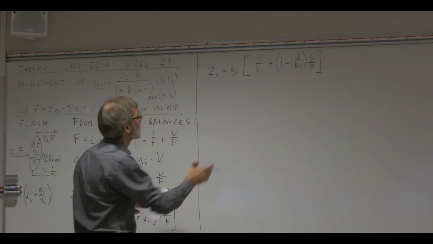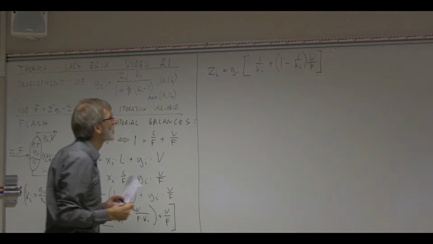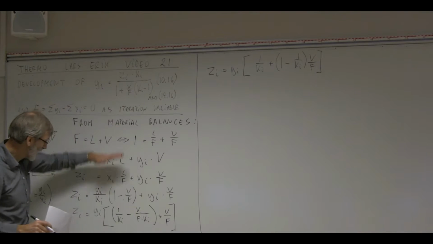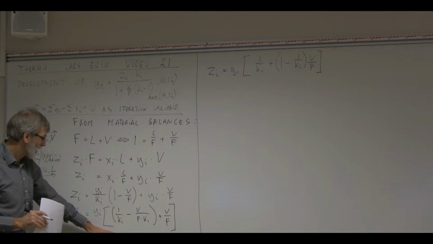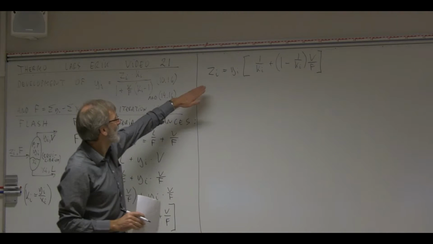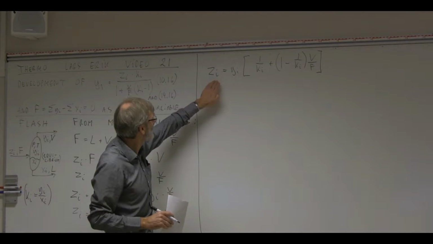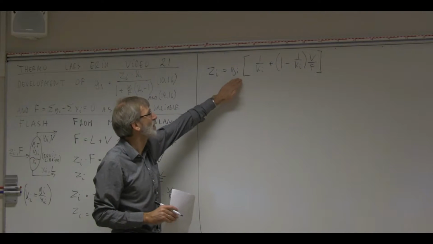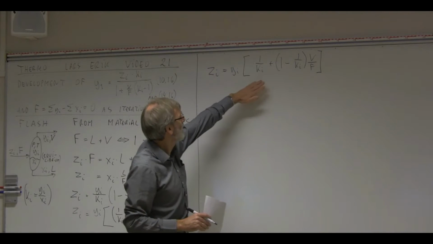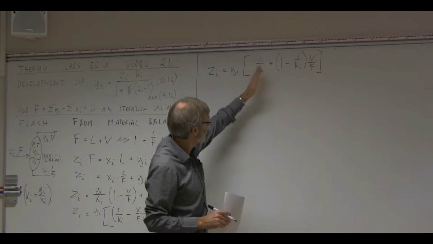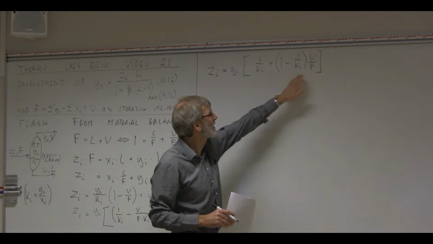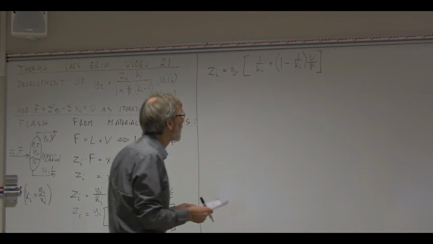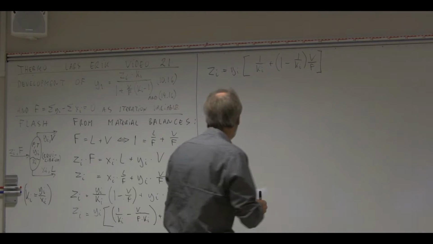And then the reason why we did this manipulation is that now z is expressed by the y, and else there are the K values and the V over F ratio.